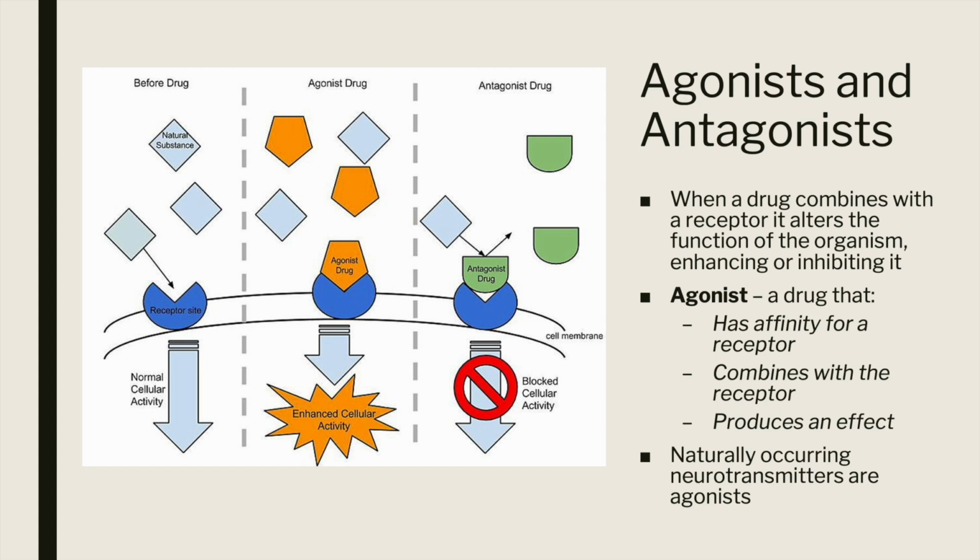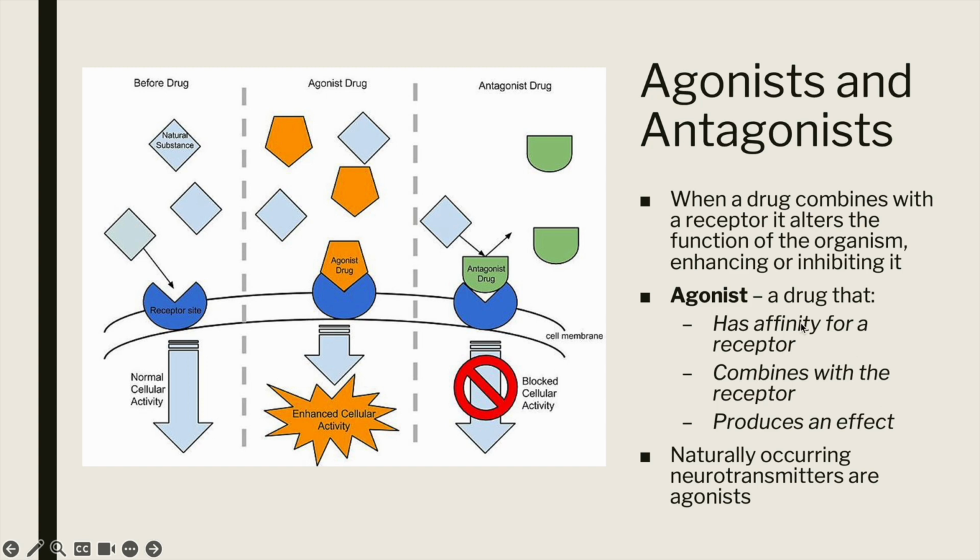When we compare agonists and antagonists, the easiest way I like to think of it is, agonist, I think of go, go, go. This drug is going to produce an effect. Antagonist, I think of the word against, which looks kind of similar. Antagonists go against the function. Antagonists are going to prevent the function from happening.